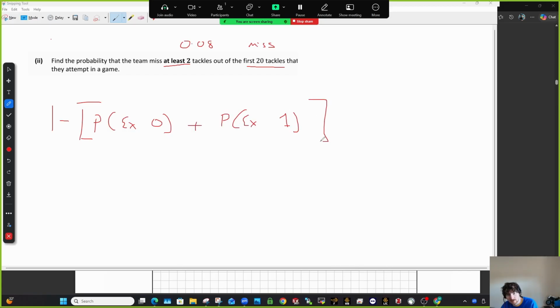These are the only 2 scenarios that aren't included when you're working out the probability of doing something at least twice. So you go 1 minus the exactly 0 times and the exactly 1 time. Hopefully that makes sense to people.